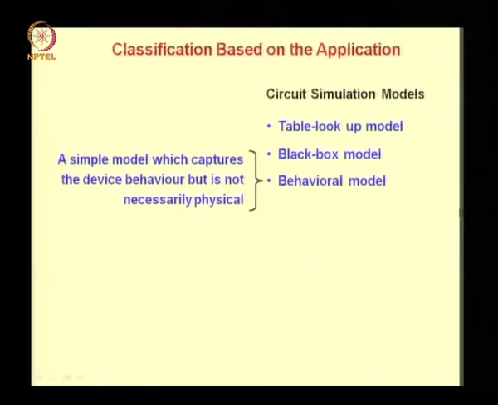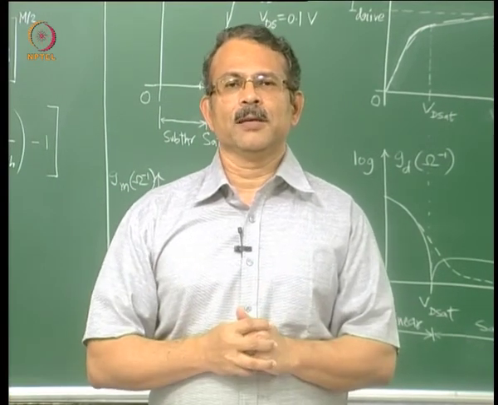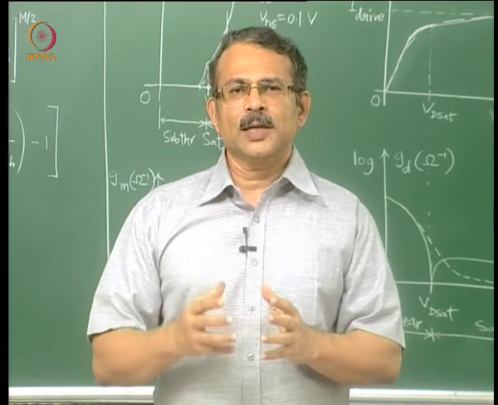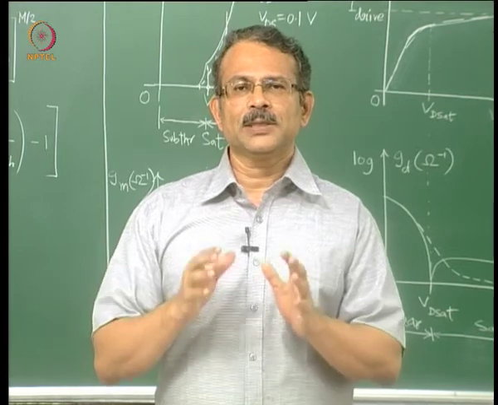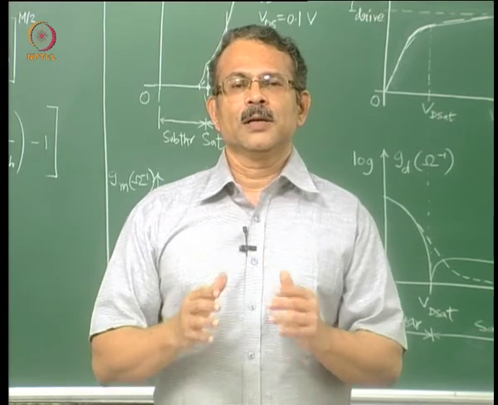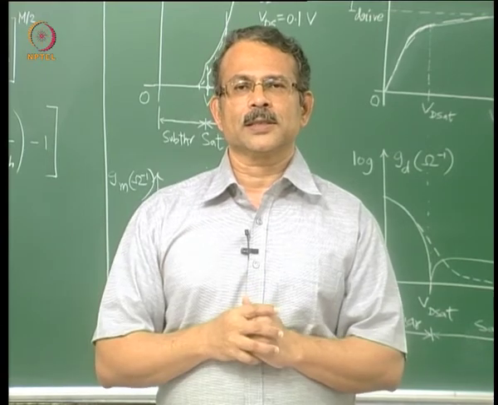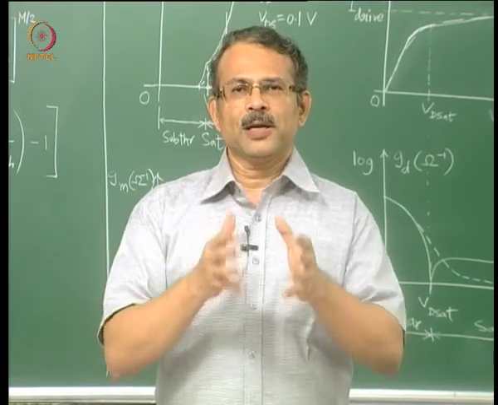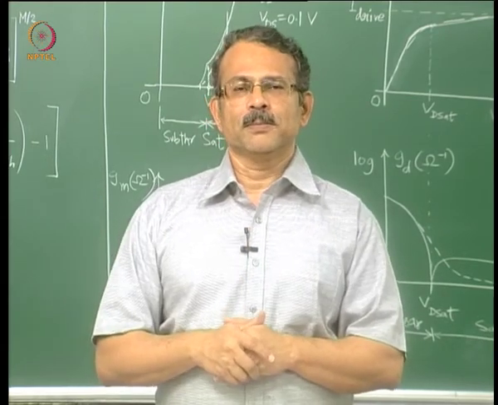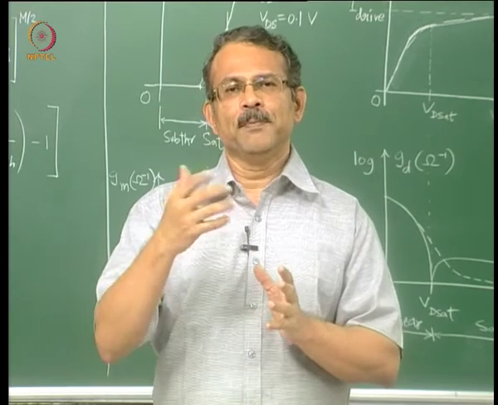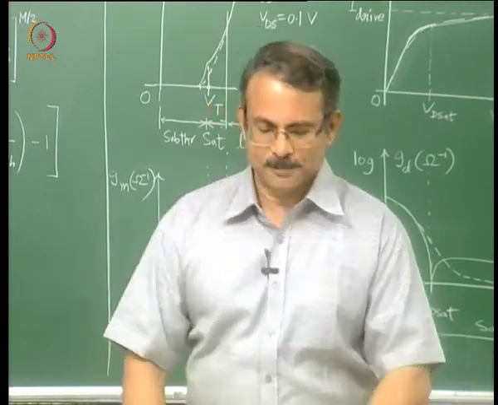So an empirical model which captures the behavior can be called a behavioral model. It is not necessary that the model has to be empirical for it to be behavioral, but the point is the physical content in the model is not an issue. The main purpose of this model is to capture the input output characteristics. A particular model may be referred to by several different terms. So a model can be empirical, it can also be behavioral and so on.